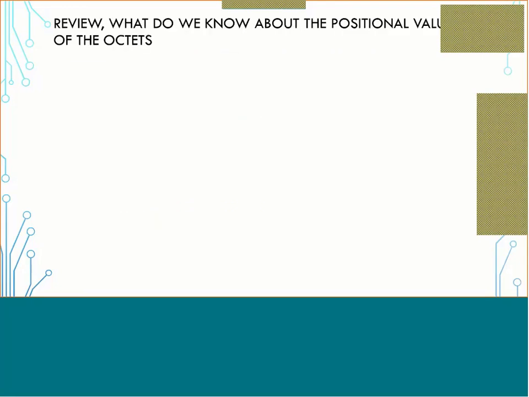So what do we know about the positional values as it relates to the octets? The single octet positional values are 128, 64, 32, 16, 8, 4, 2, 1.